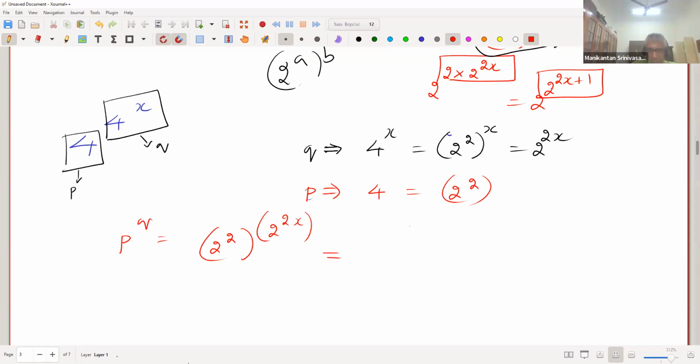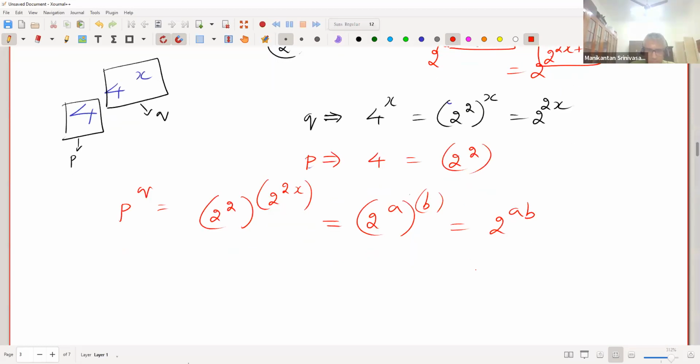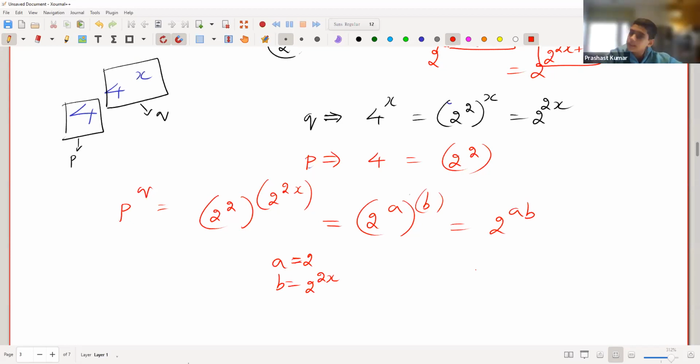This looks like 2 power A whole power B, which is nothing but 2 power AB, no? Agreed? Where A is my 2, and B is my 2 power 2x. Precious, do you agree with this as well? Sir, till here I'm fine. Okay, fine, let's move on.